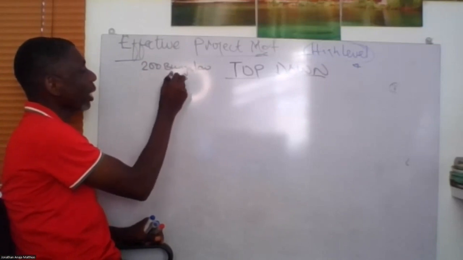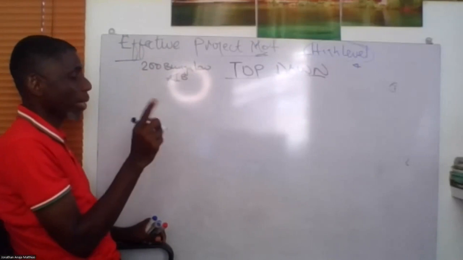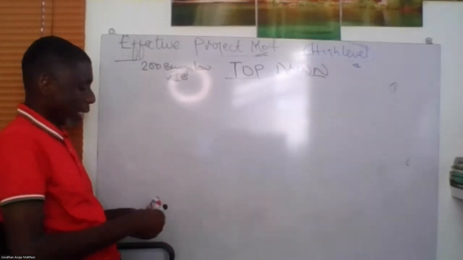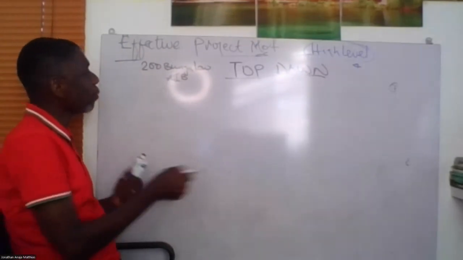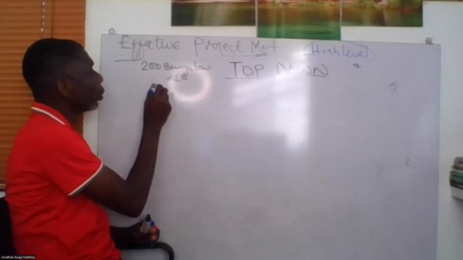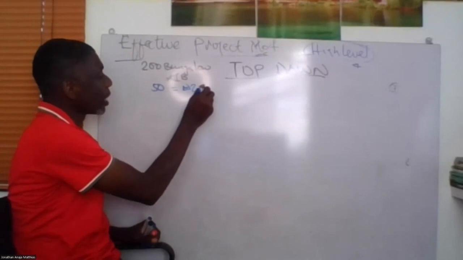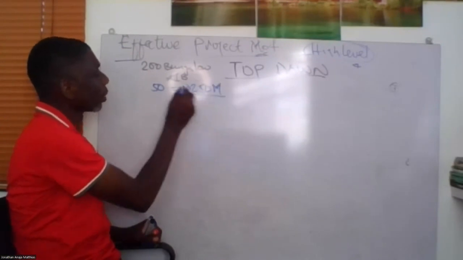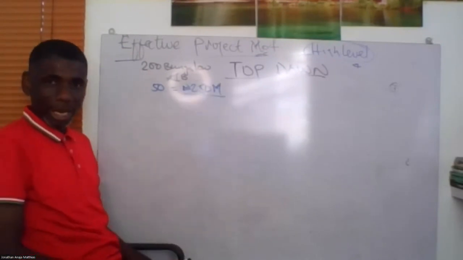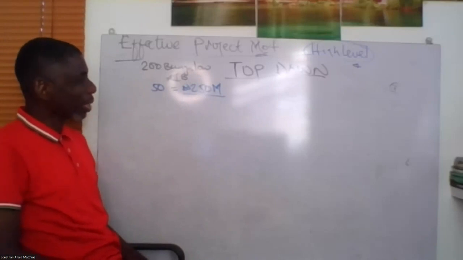So I can tell my client now that your 50 bungalows, you should go and budget what? 250 million, right? Am I correct? Yes, I am. I will tell you to go and budget 250 million.